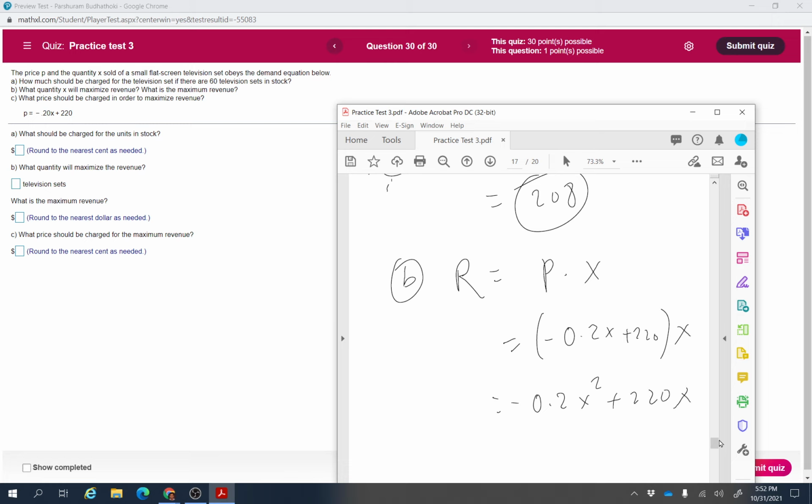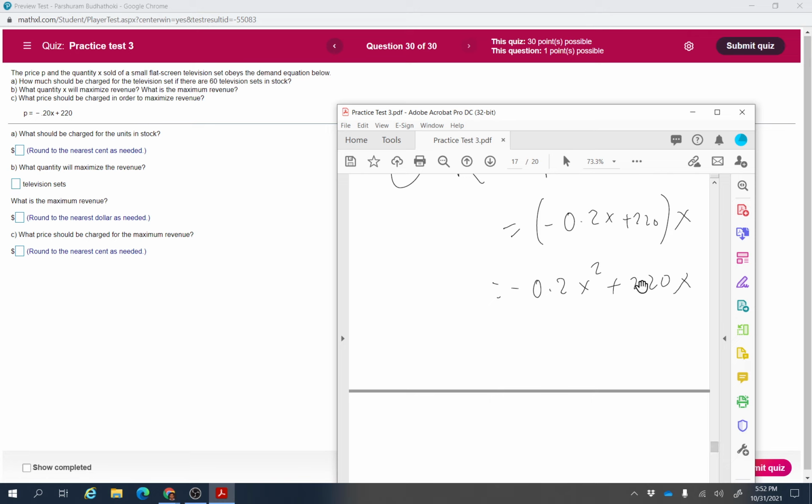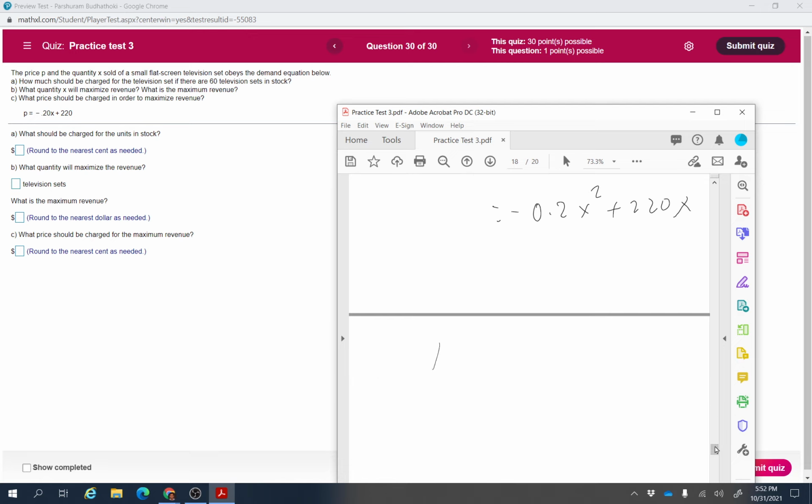This is a quadratic function. To find the maximum revenue, you need to find the vertex, which can be found at x equal to negative b over 2a, where b is 220 and a is negative 0.2, which is basically 220 divided by 0.4.